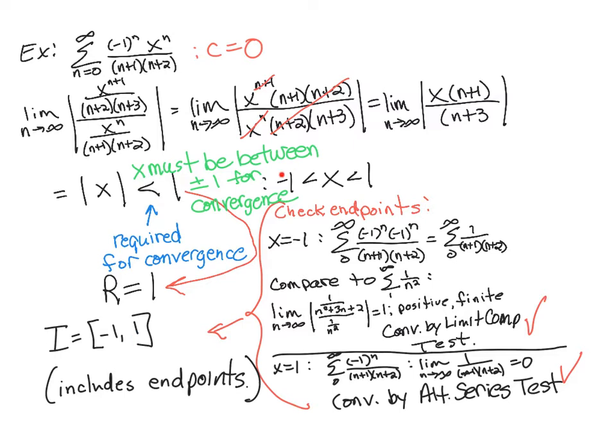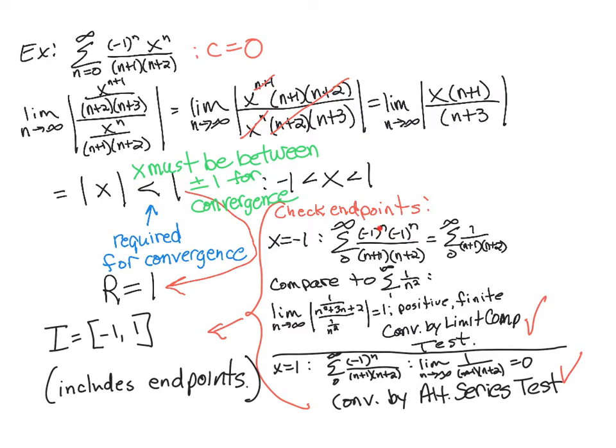However, I also have to do the tests that we've already learned in this chapter to check my endpoint. So for x equals -1, I go back to my original series and I change that x to be -1. And I wrote it out for you here.